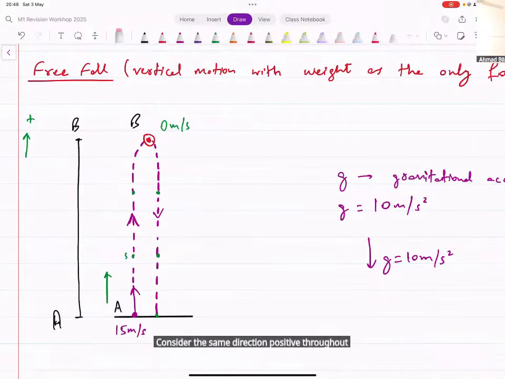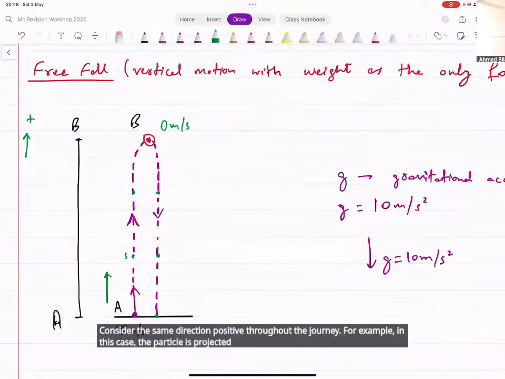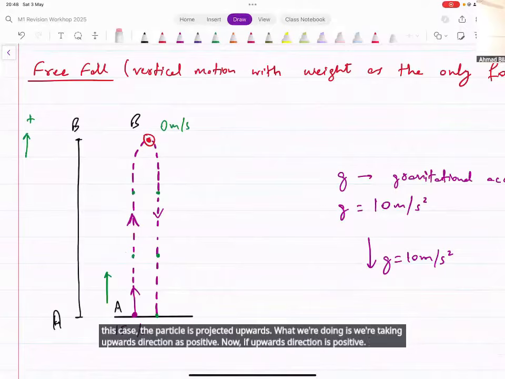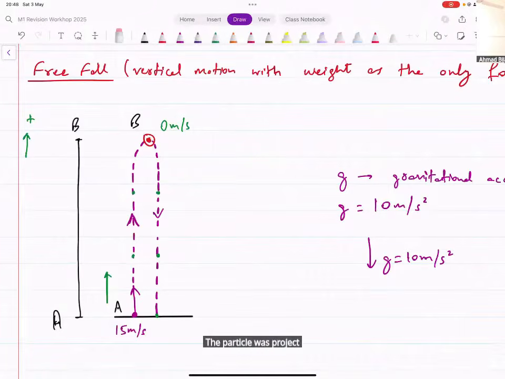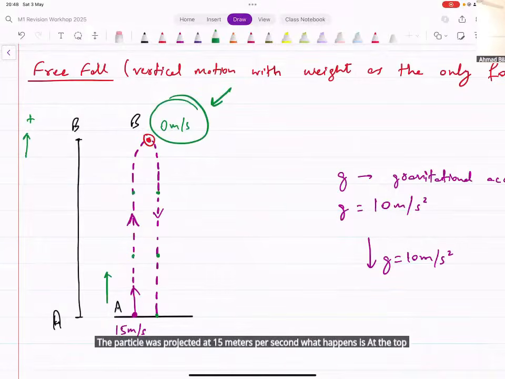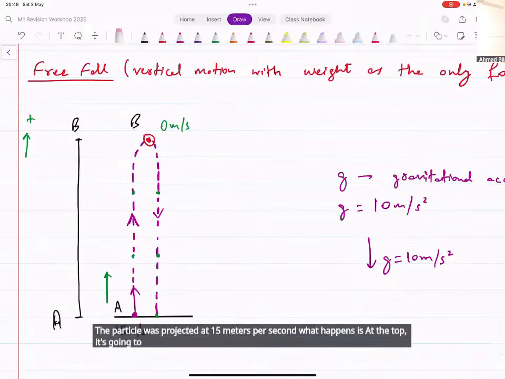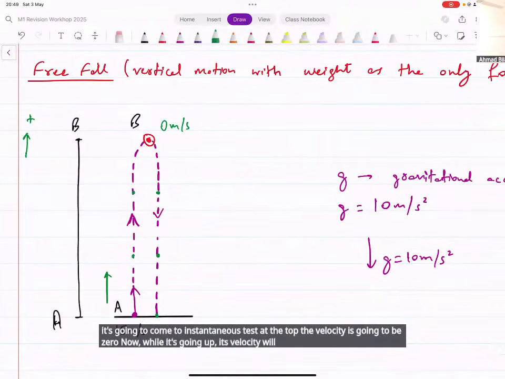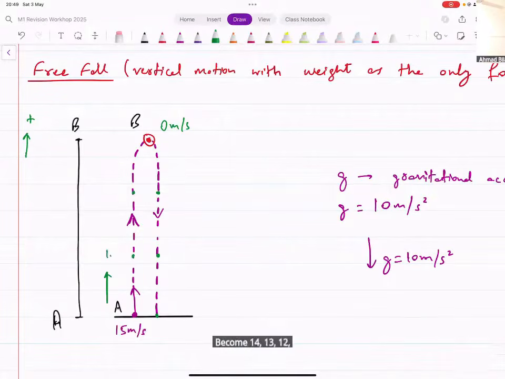For example, in this case, the particle was projected upwards. What we're doing is taking the upwards direction as positive. The particle was projected at 15 meters per second. At the top, it's going to come to instantaneous rest. At the top, the velocity is going to be 0. While it's going up, its velocity will reduce gradually. So from 15, it'll become 14, 13, 12, 11, 10, and so on.